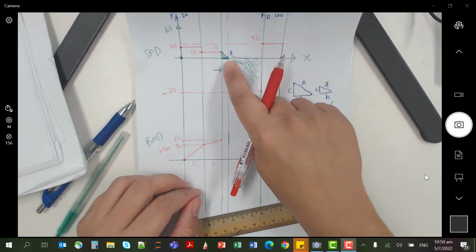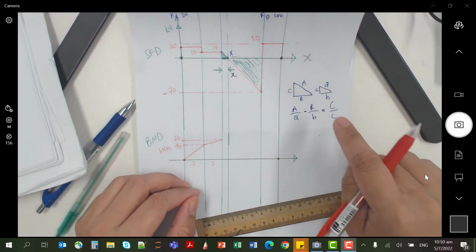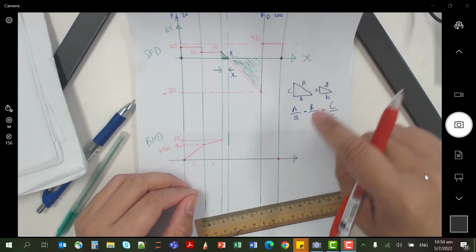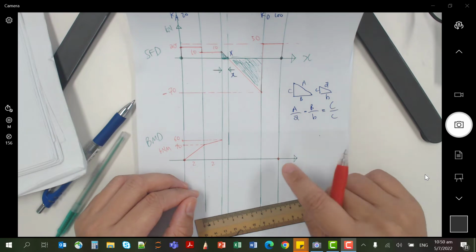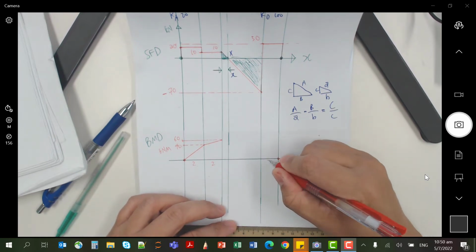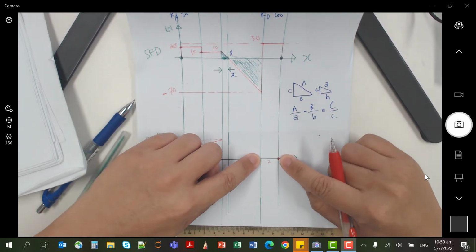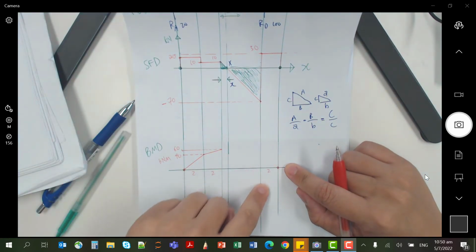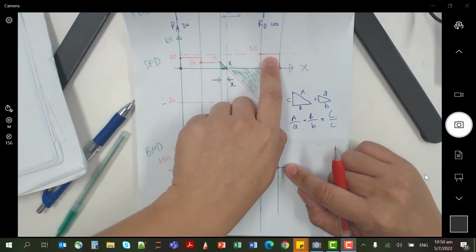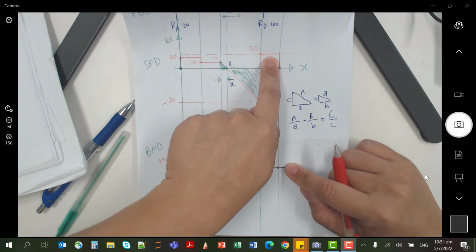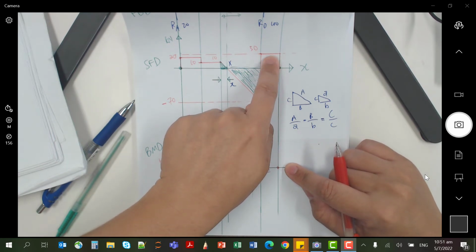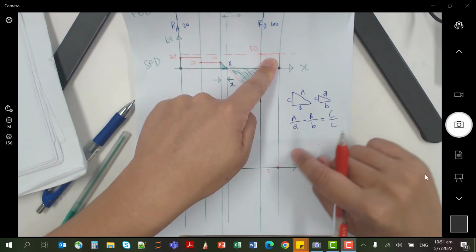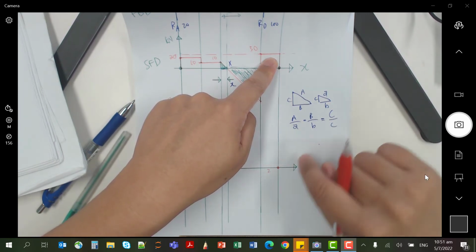Let's not talk about the central part first. Let's look at the end part, here, this part, D to E. This is also 2 meters in length, the beam. And you know that the gradient of this line is going to be a constant value of 30. I am going to have a straight line here, constant value 30, positive plus 30, so it's sloping upwards.